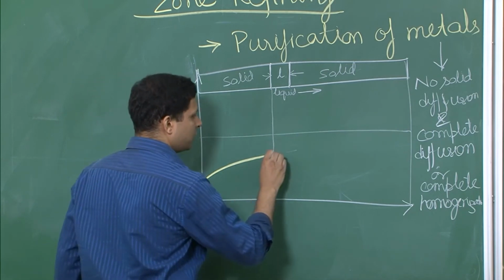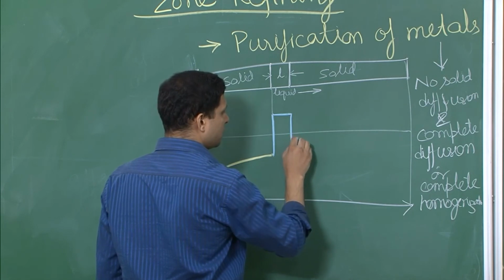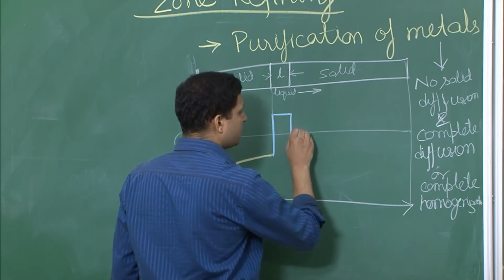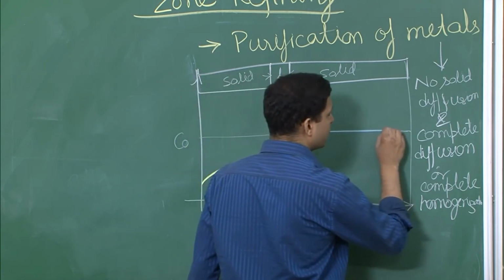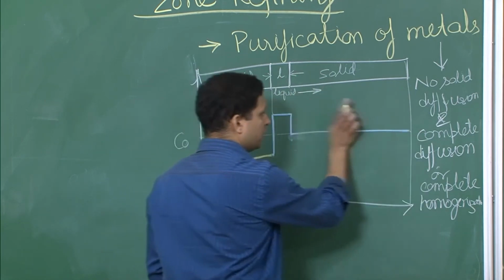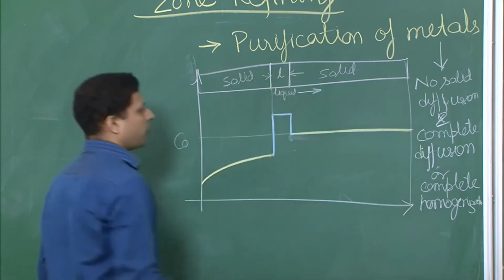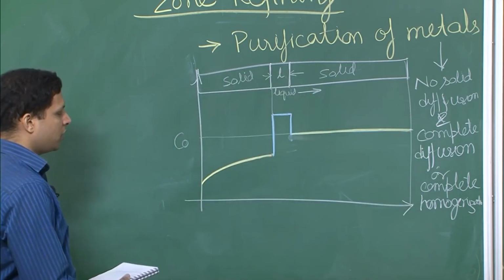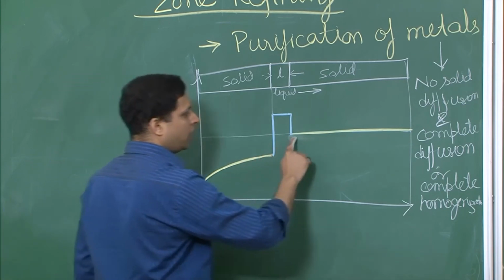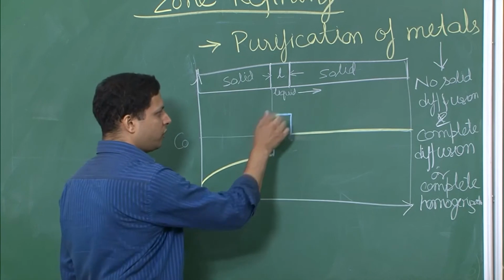In this very small region, the liquid concentration is almost constant, and beyond this, it is solid again, only this part is liquid. So this is the newly formed solid and this is the original solid, and in between you have liquid.